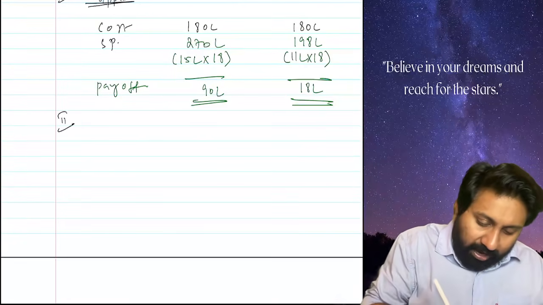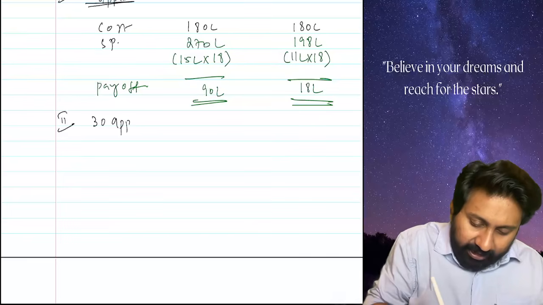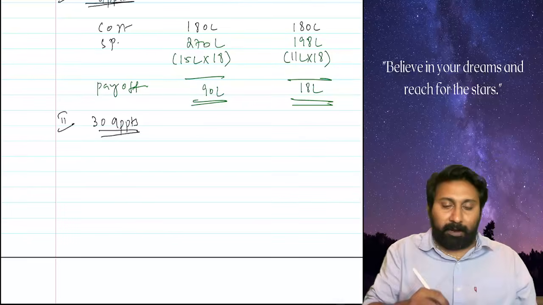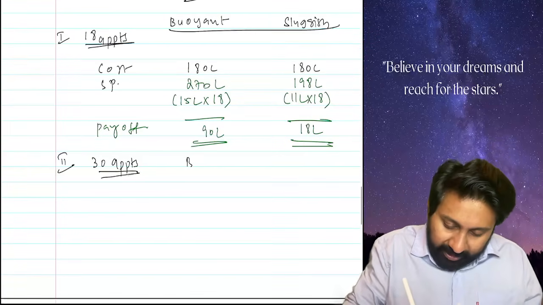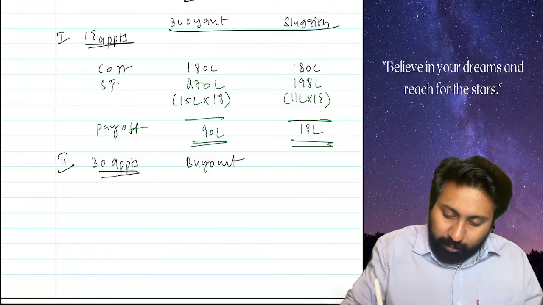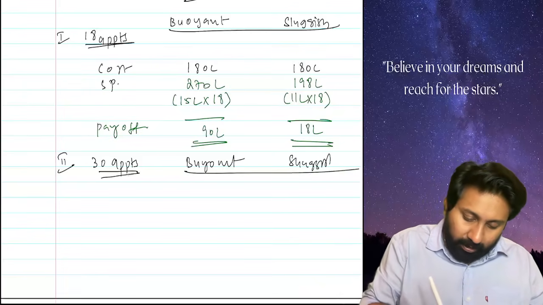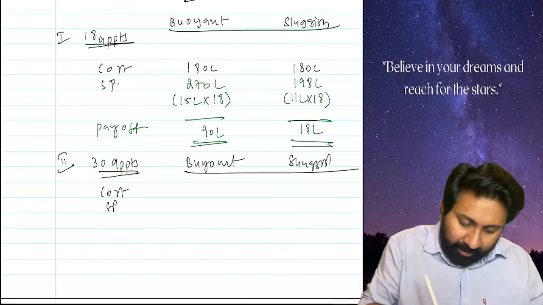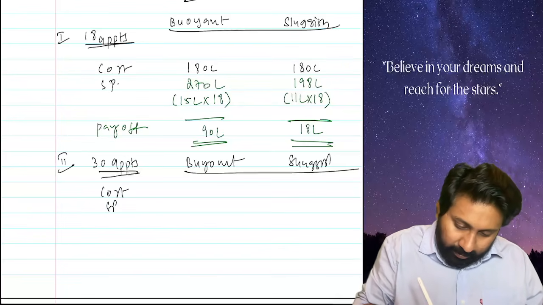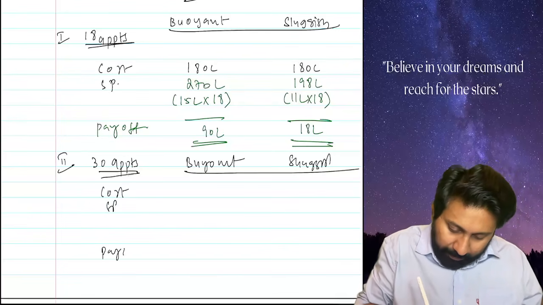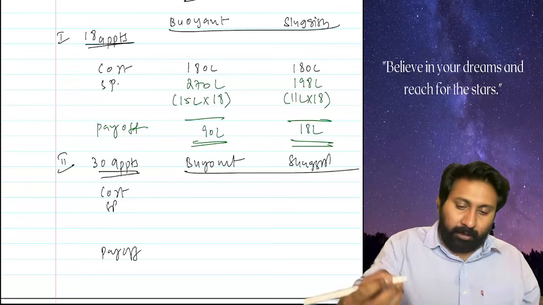Next, I am not constructing 18, I am constructing 30 apartments. Okay, same concept. Market is buoyant, market is sluggish. Cost, sale price, payoff. Let's see. Cost.